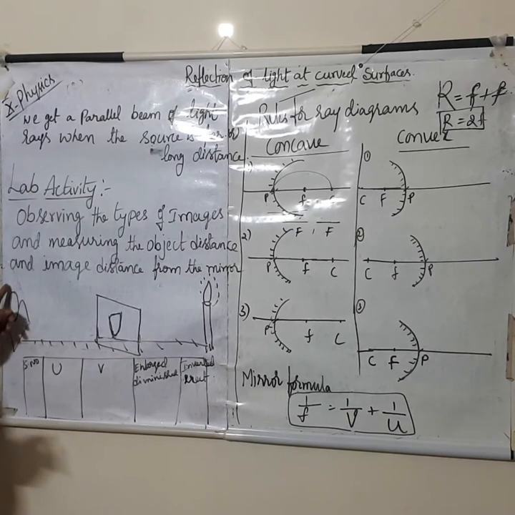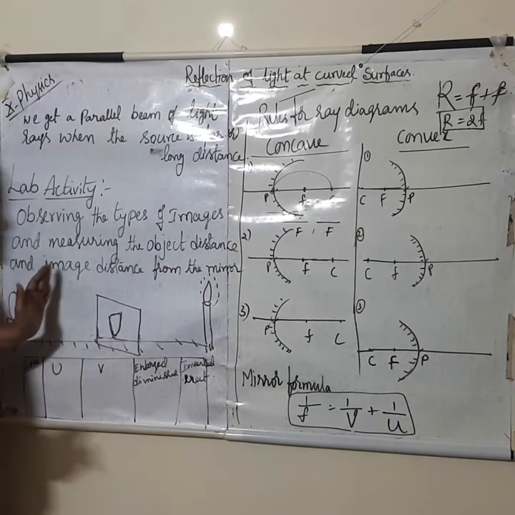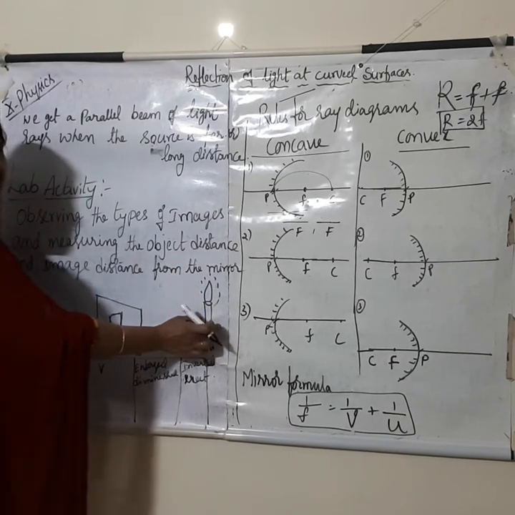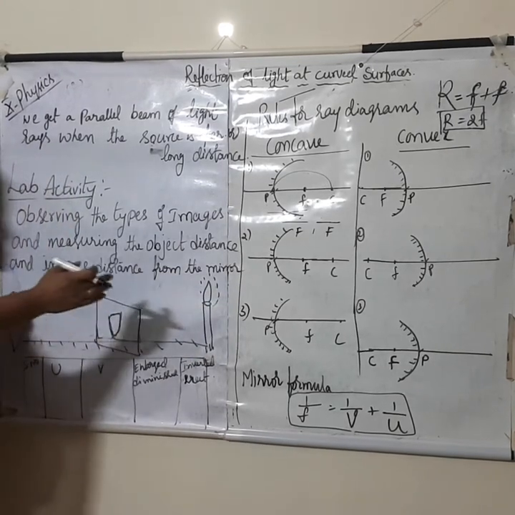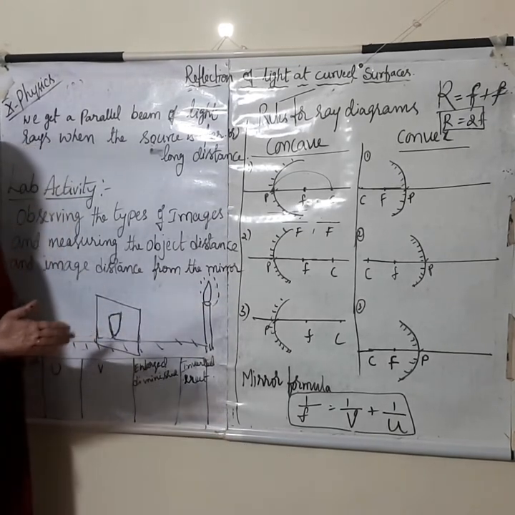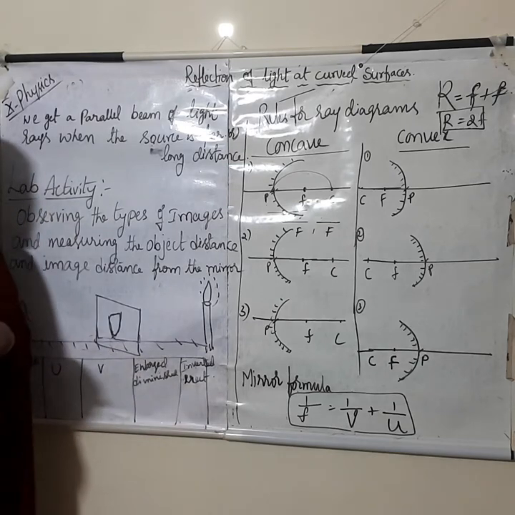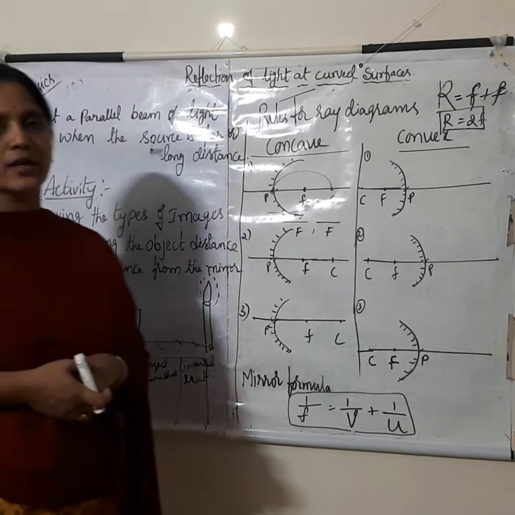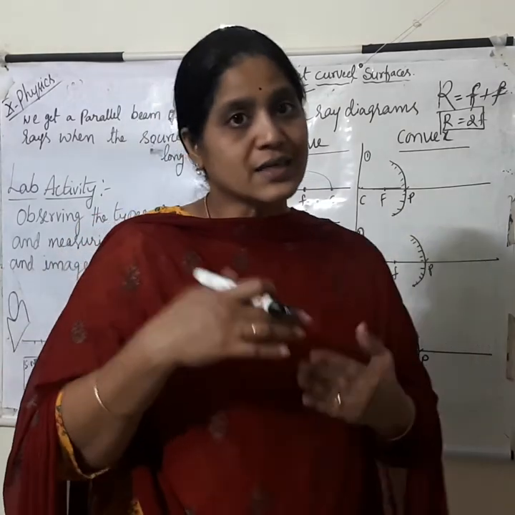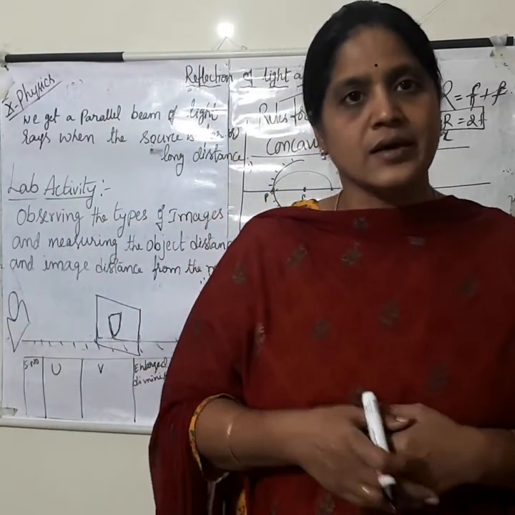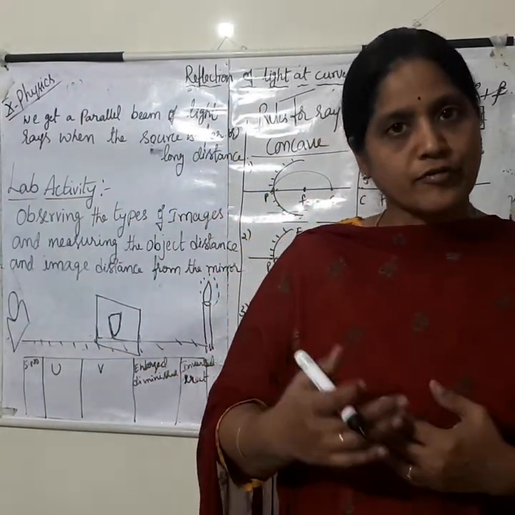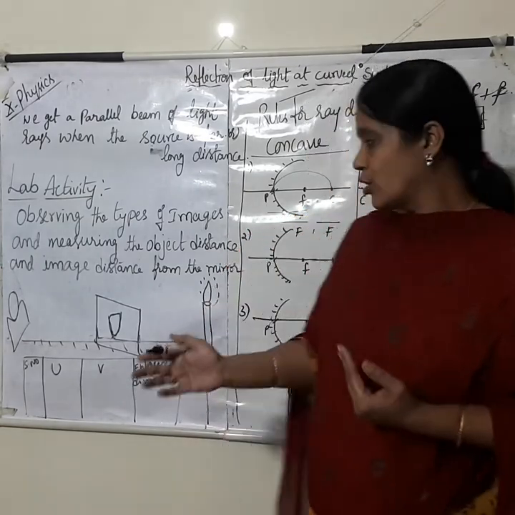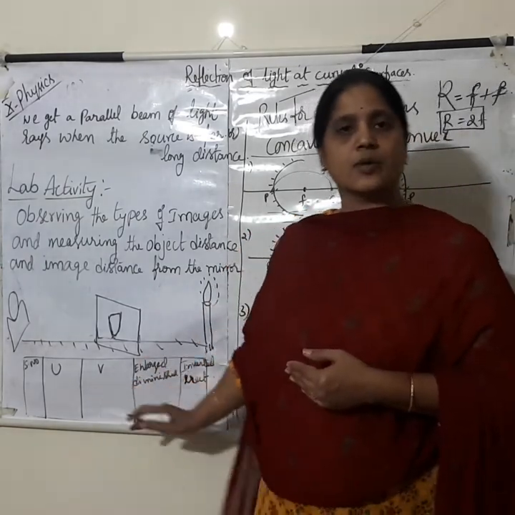Take a concave mirror, place it in one place, take a source of light like a candle, and place it at different places. Observe what type of images you are getting, find the image distances, and note down the values in tabular form.